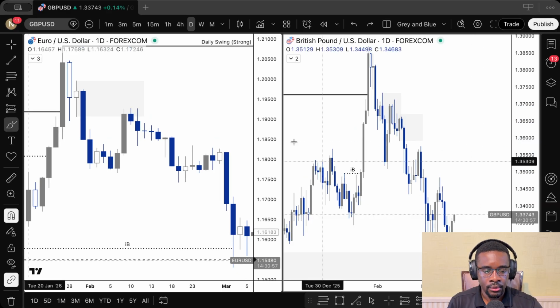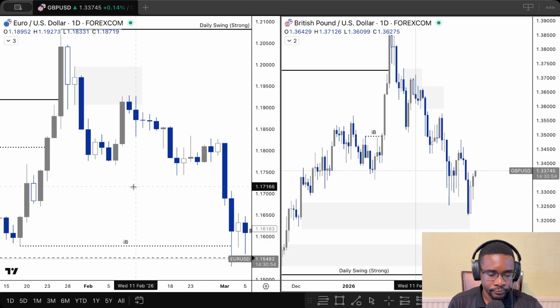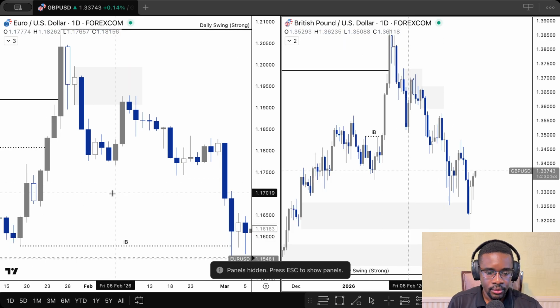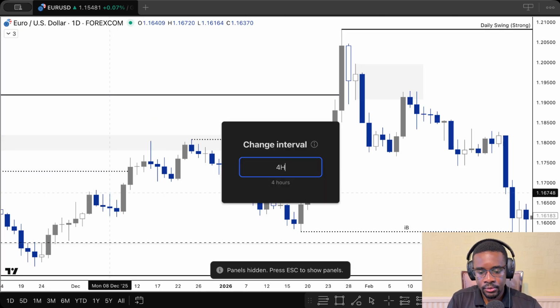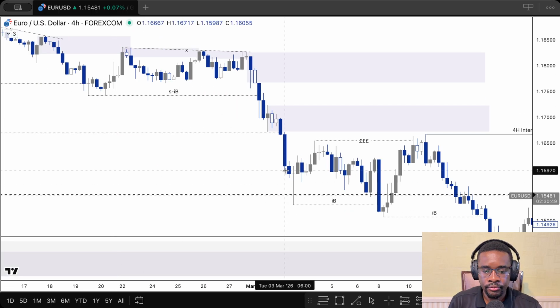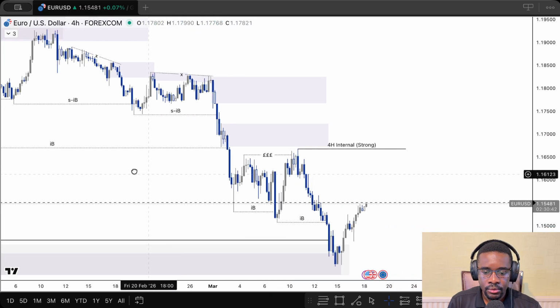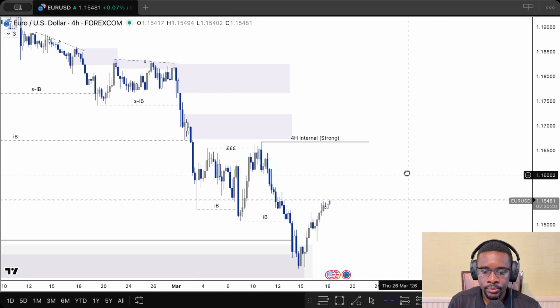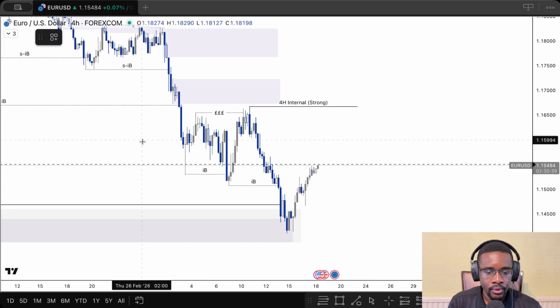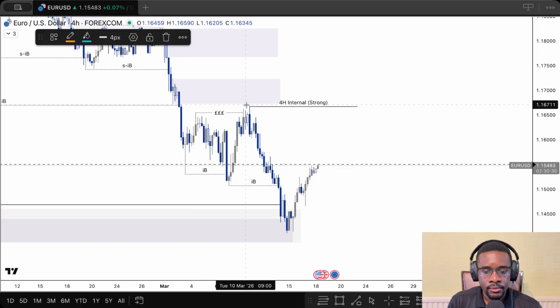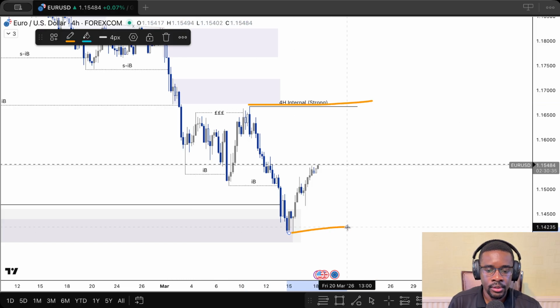So let's look at the lower time frames, starting with the Euro USD, looking at the 4-hour chart. This is what we have. This is my current internal range.